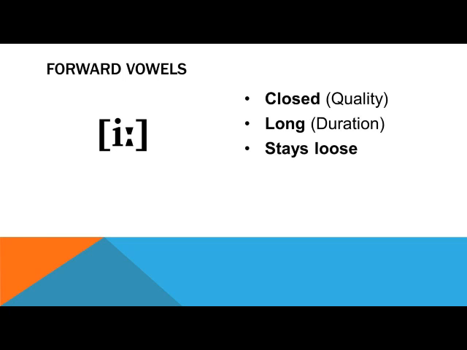Something to keep in mind as we go to sing this sound is that it needs to stay loose. It does have a tendency, especially for American singers, to get tight. You notice the tongue moves really high, your throat is a little closed, and we want to avoid that. So E is what we're going for.